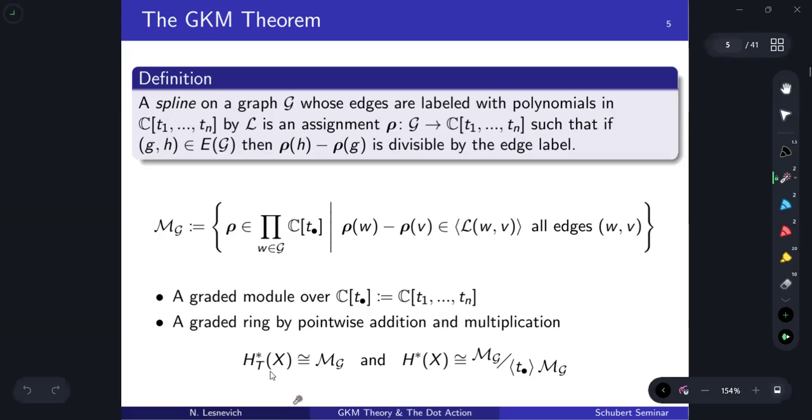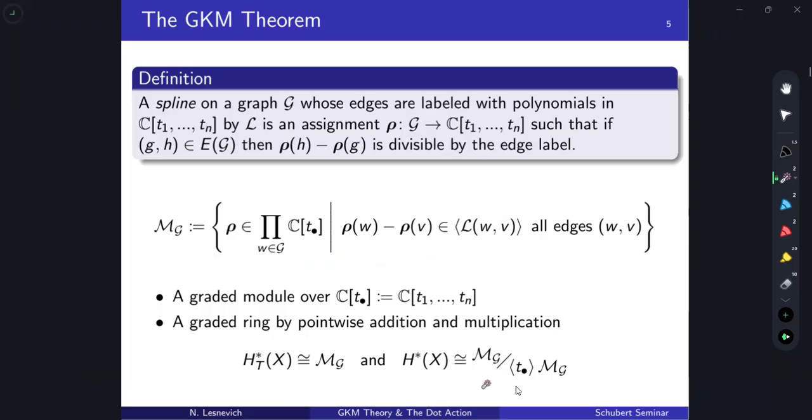And the GKM theorem is that when you have this GKM graph coming from your T action on the variety, this sort of algebraic combinatorial object is isomorphic to T equivariant cohomology. And not only that, one of the other things that you get out of this equivariantly formal situation is a quotient map down to ordinary cohomology.